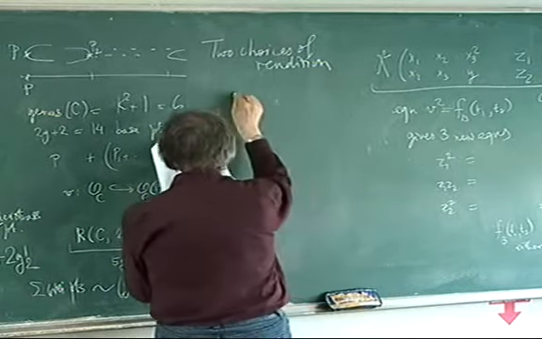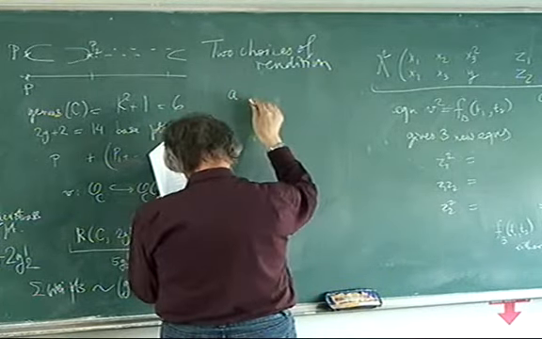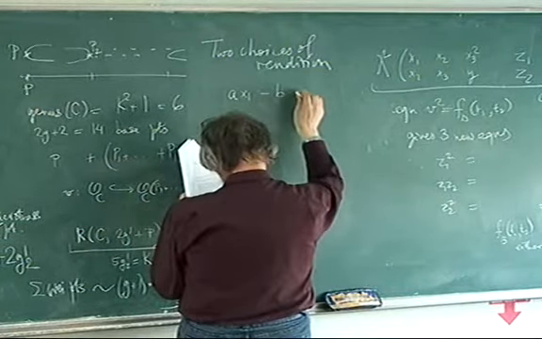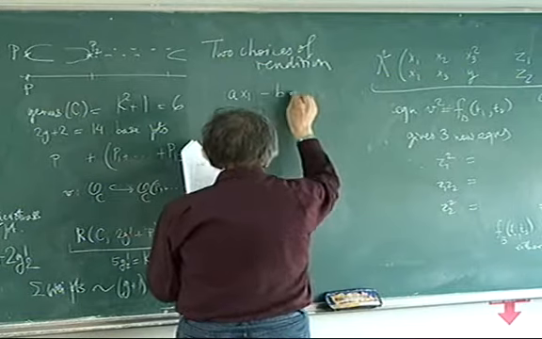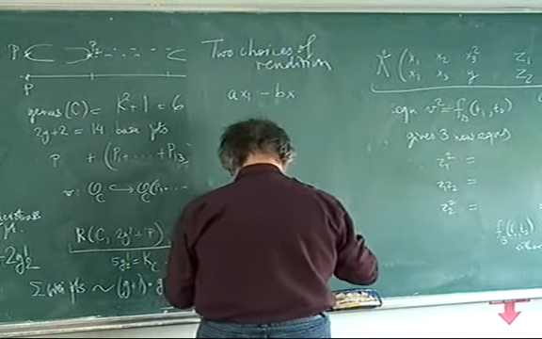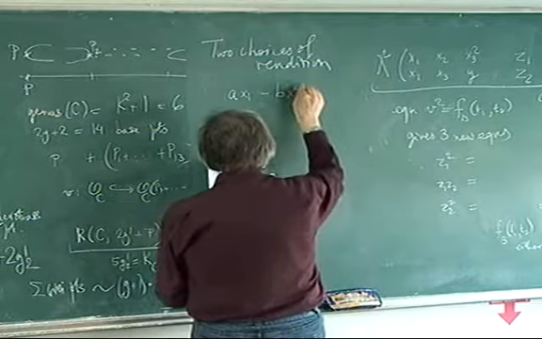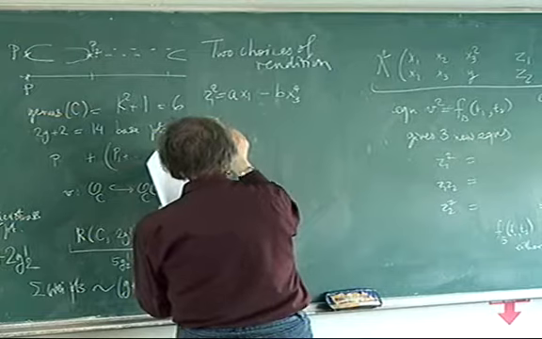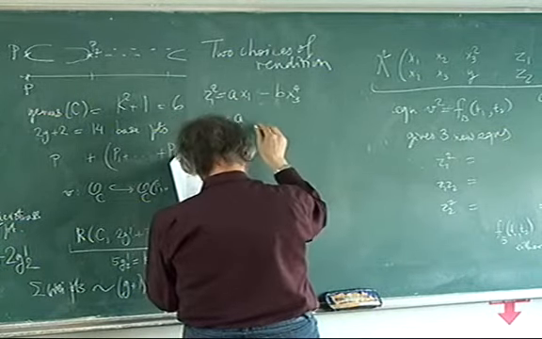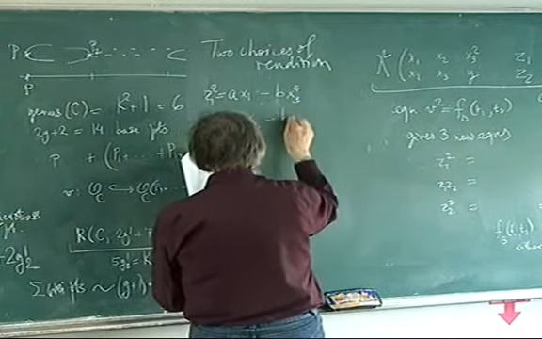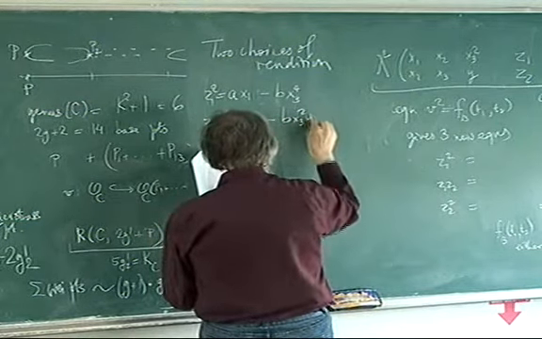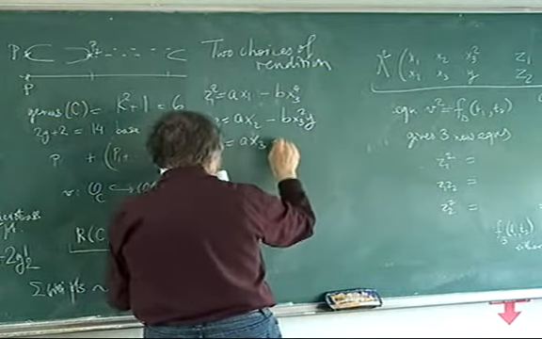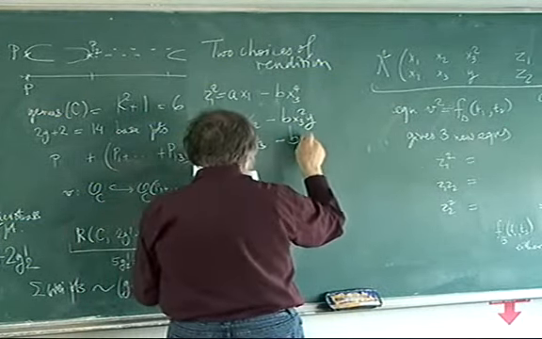Right, so on the one hand I'm going to write A x1 minus b x3 to the 4th. So I'm going to write down z1 squared equals z1, z2 equals a x2 minus b x3 squared y, and z2 squared is a x3 minus b y squared.